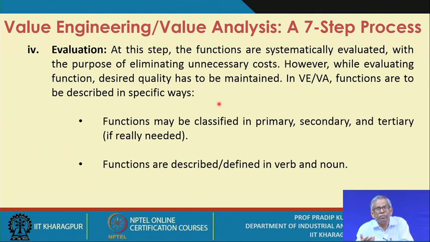Just make a note, when you take up the case study you will come to know how the sentences are made, and when you go through these sentences, you will get an idea about the product's primary, secondary or tertiary functions.